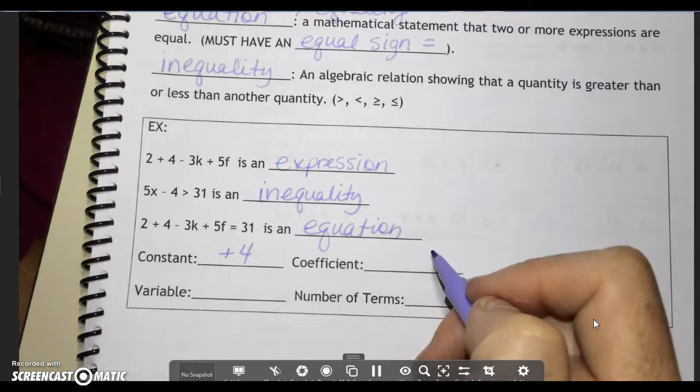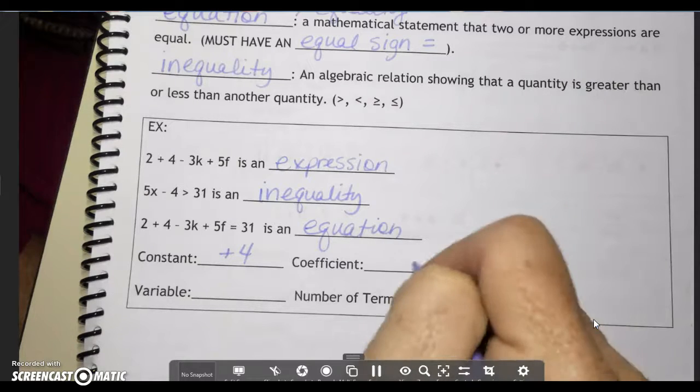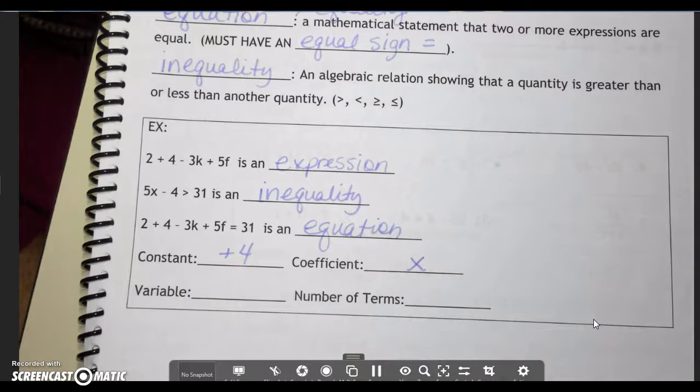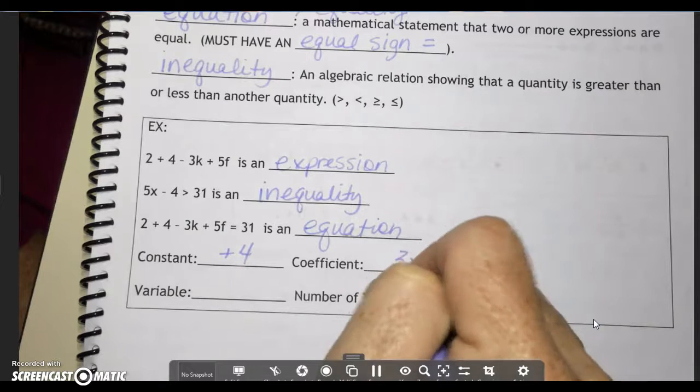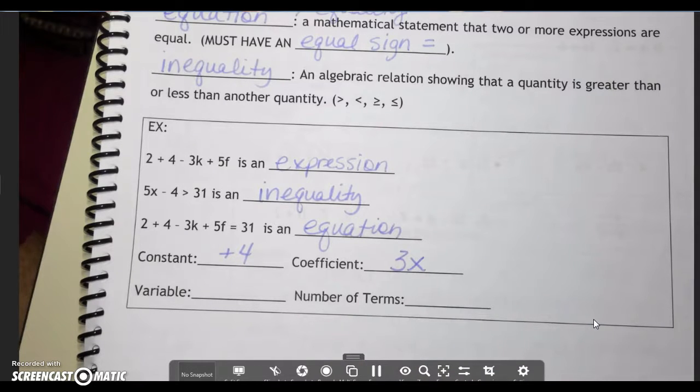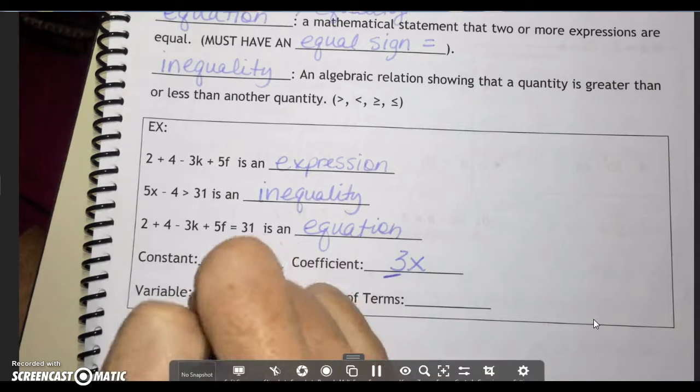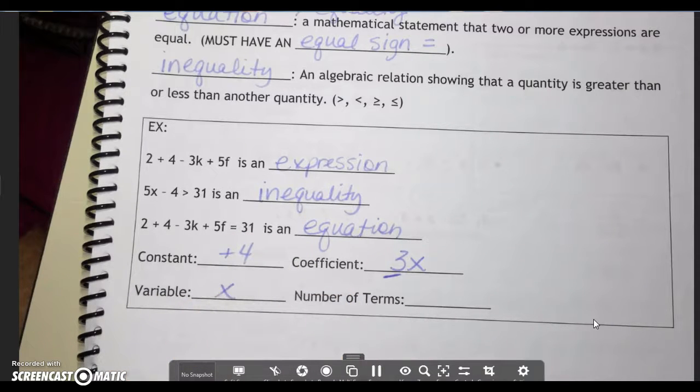Say the number. There's your variable. Now pick a number. Okay. So the coefficient is the 3. Okay. In that example, what's your variable, Courtney? X. Okay. Variables can be any letter. Doesn't matter. Pick your favorite.